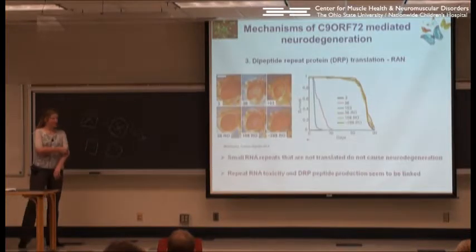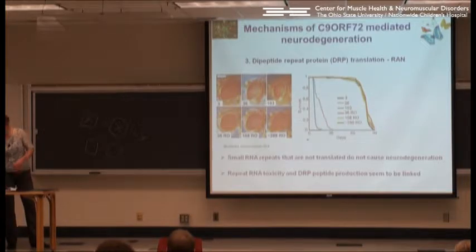Then, in addition, the same study that I showed you for the RNA toxicity has been using constructs that are either only giving rise to RNA or can be transcribed into dipeptide repeats.